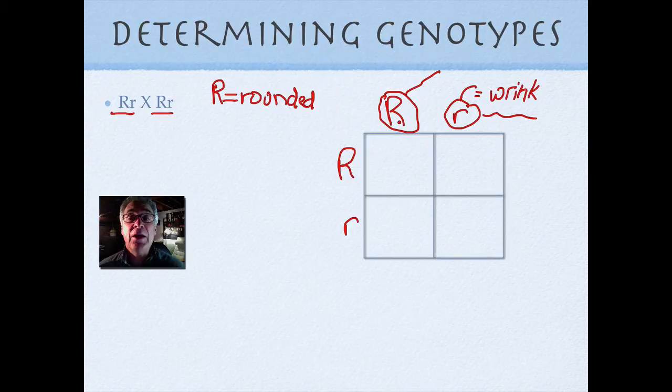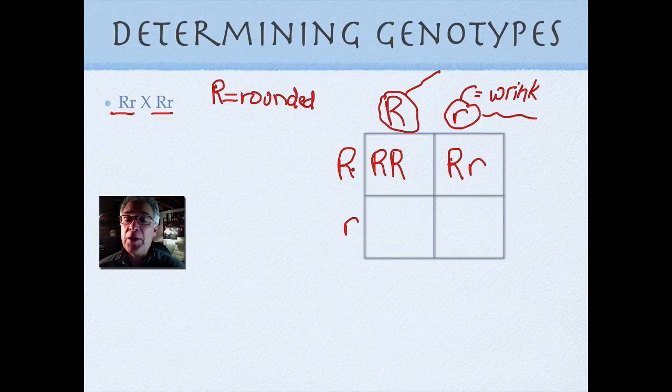So if this big R from the pollen fertilizes the big R from the ovary, that seed is going to be big R, and if we were to plant that seed, it would grow into a seed that will be rounded. So that would be the phenotype. On this side, we'd have little r, big R, which would be a heterozygous.